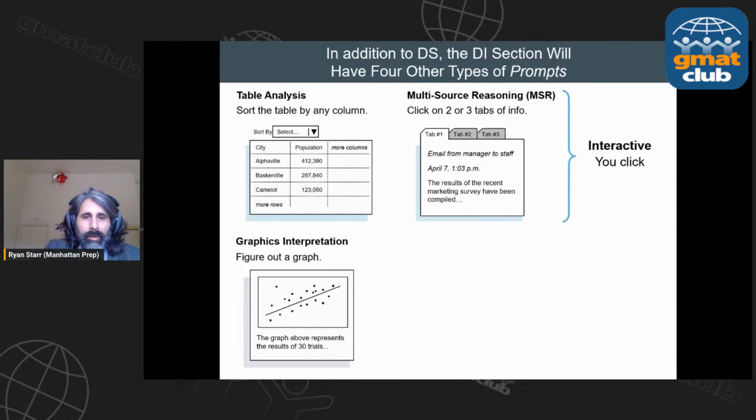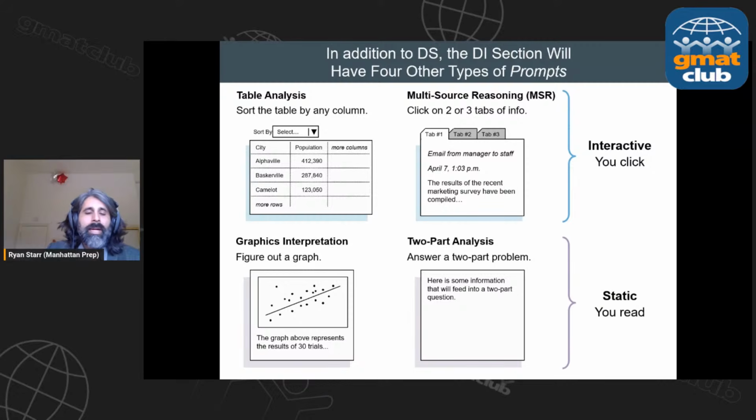You're gonna have some graphs questions and you're gonna have some 2-part questions, but more specifically, 2 parts you generally have about 4 of, generally. And of those 4, about half are generally math related and half are generally verbal or logic related.